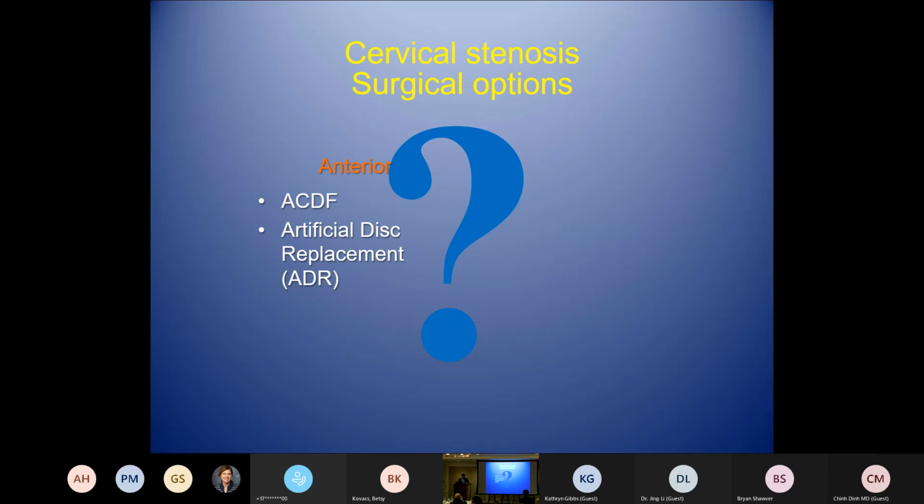Some of the advantages of an ADR, or an artificial disc replacement, is basically maintaining the motion in the spinal motion segment that then we think decreases the likelihood of adjacent segment degeneration of the disc above and below that segment, essentially having to work overtime and then breaking down earlier than they otherwise would have.